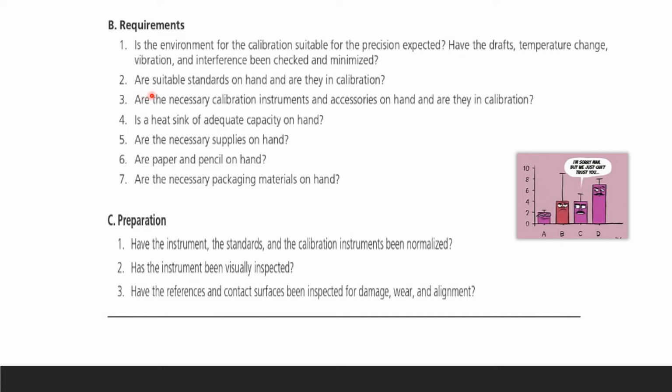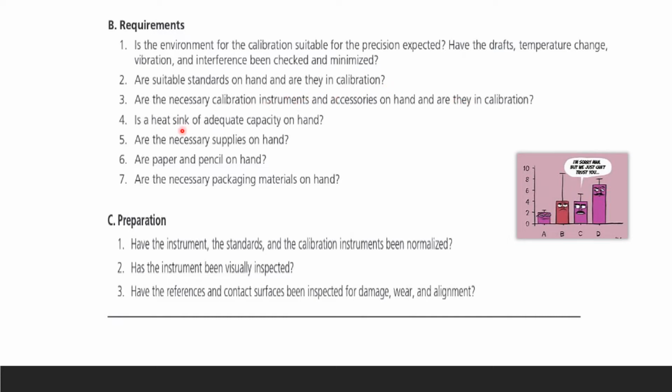We also check our suitable standards, if we have the standards on hand, and if the standards have already been calibrated. If you're going to calibrate with a standard that has never been touched for like a year, it's no good. So are all the necessary calibration instruments and accessories on hand? Do we have all of this? And are they in calibration? Check if they are already calibrated.